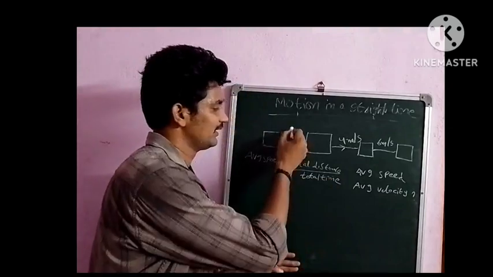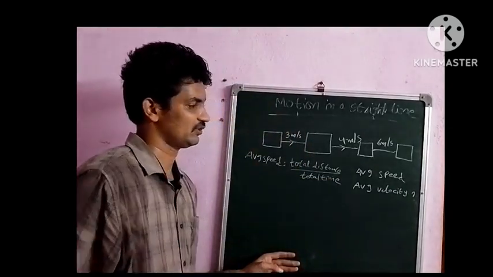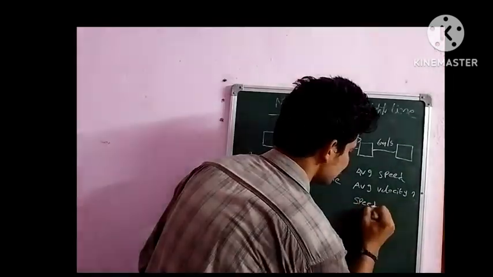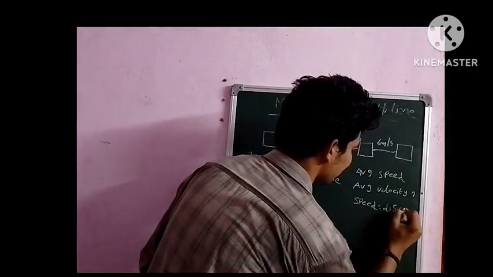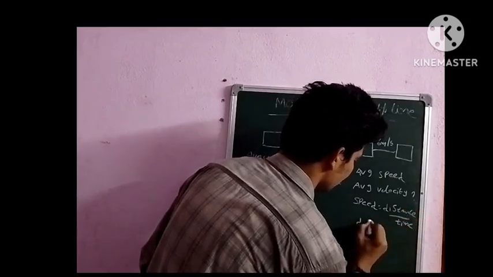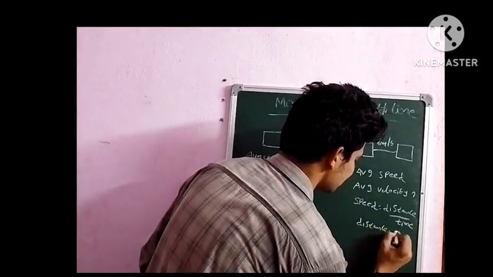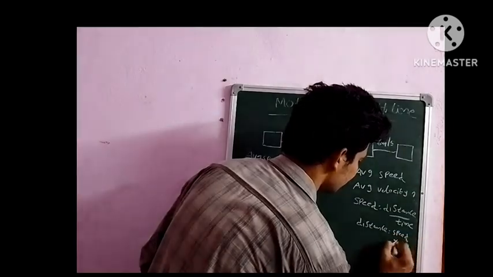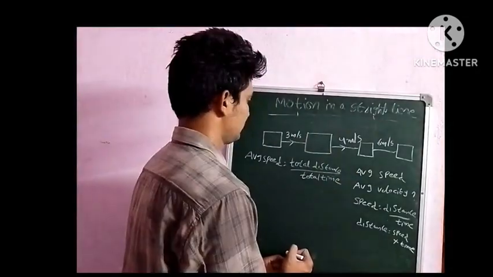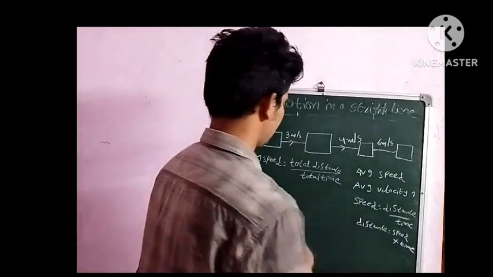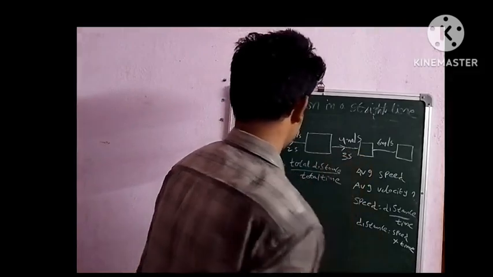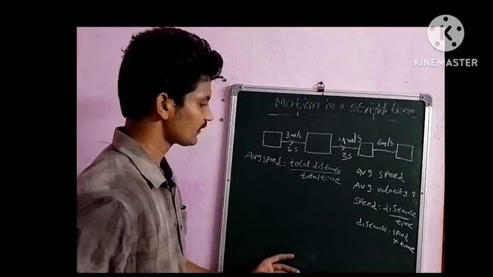They give the speed. We know speed is equal to distance by time, so distance is equal to speed into time. This is 2 seconds and this is 3 seconds.